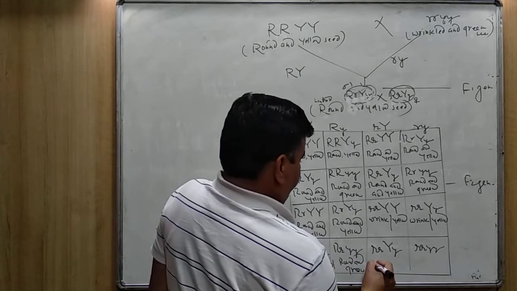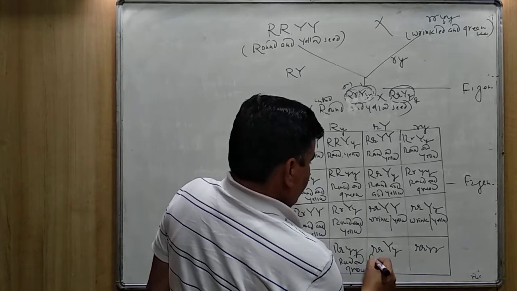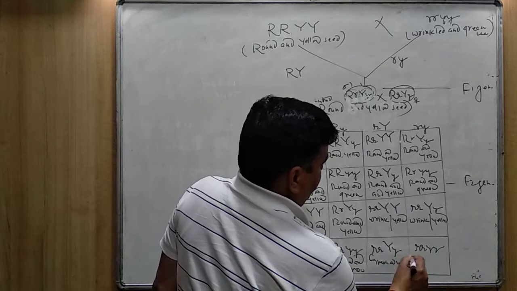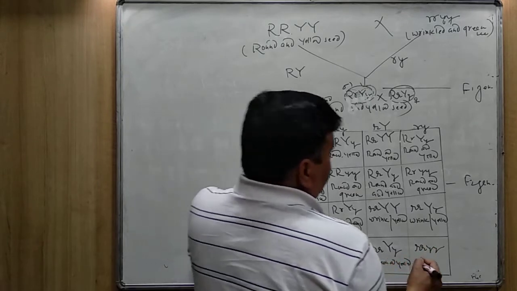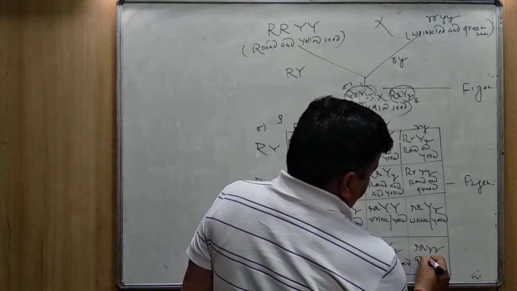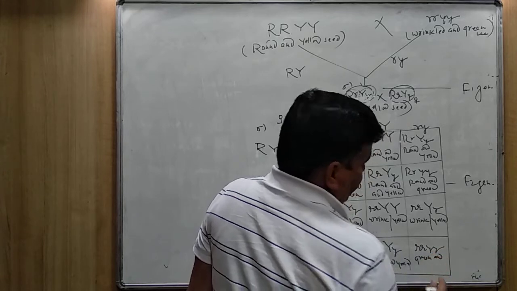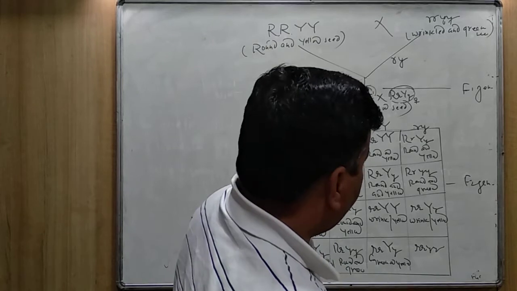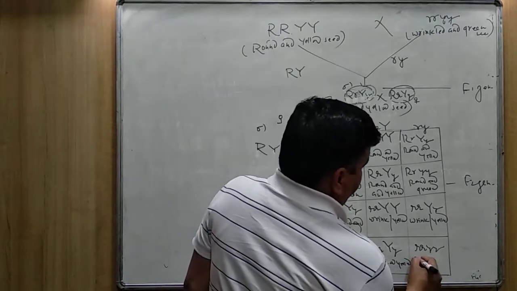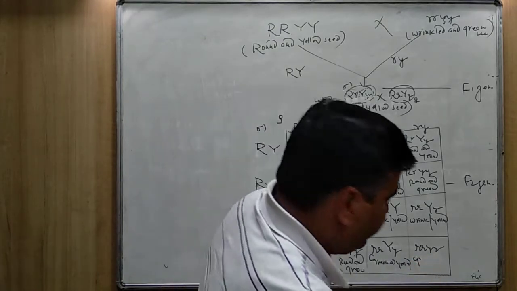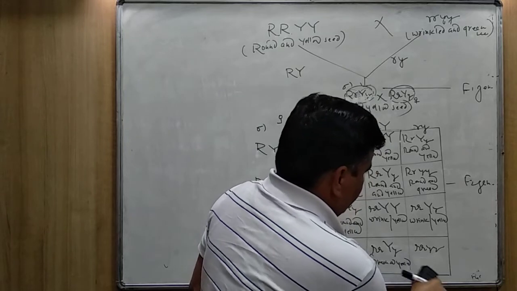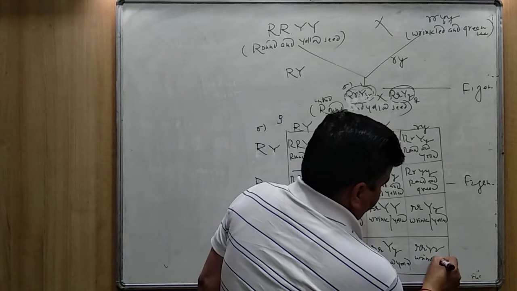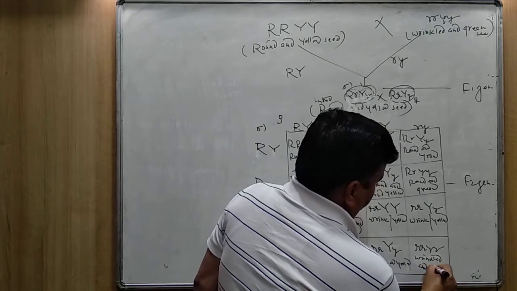Small r for green and yellow, and small r, this is single, green and wrinkled and green. This is small r for green, wrinkled and green.